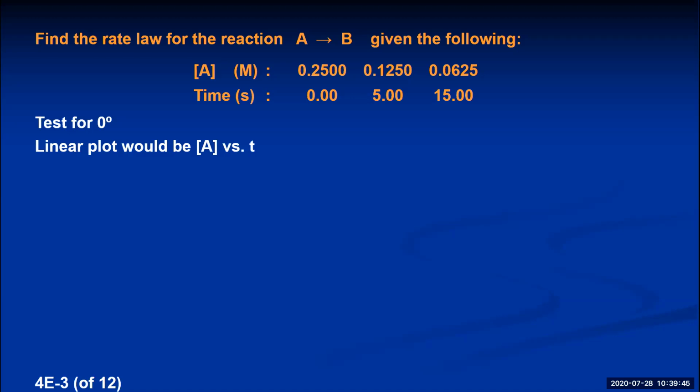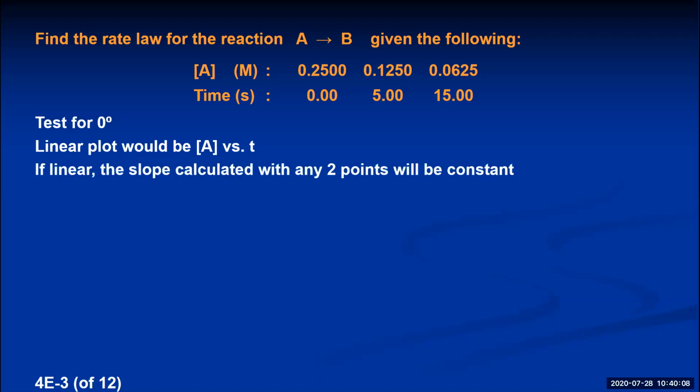If you don't have Excel, we'll do a little algebraic way where you can predict whether these 3 points lie in a line. If they lie in a straight line, then if I calculate the slope between my first two ordered pairs, and then I calculate the slope between the second and third ordered pairs, if all the points lie in a line, then the slopes will be the same. So if linear, a slope calculated with any 2 points will always be constant.